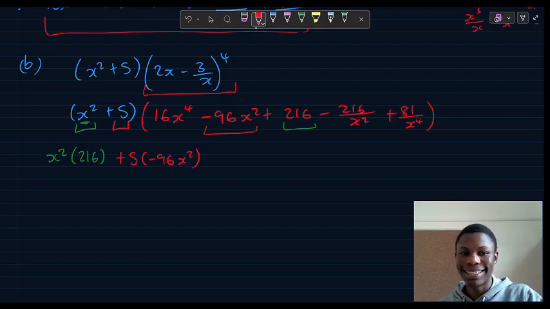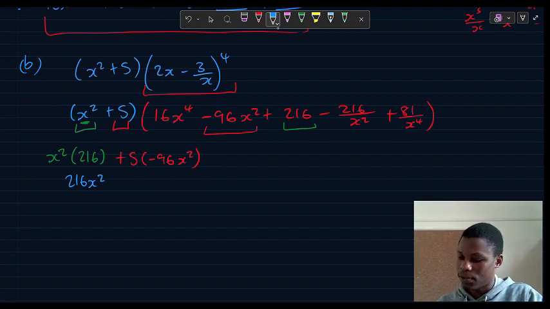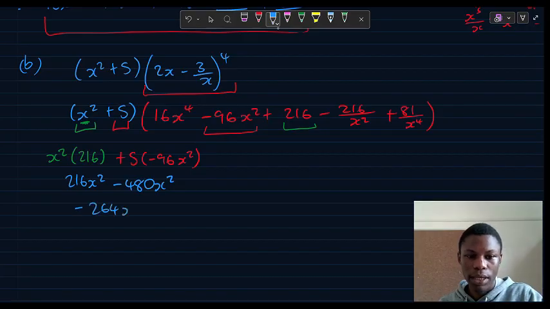So that means these are the only two combinations we need, and we can therefore simplify those to get our term in x squared. So that's 216x squared, and then we've got 5 times negative 96, which is negative 480x squared. If we simplify that, that's 216 minus 480, so negative 264x squared.